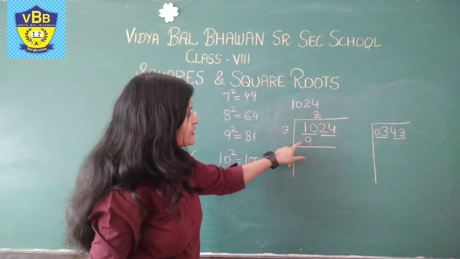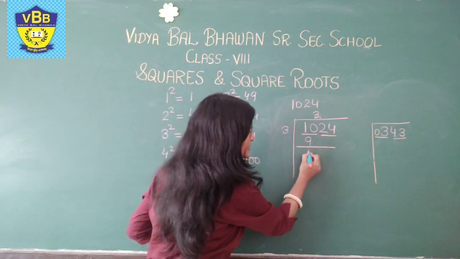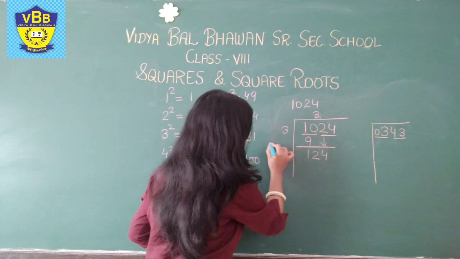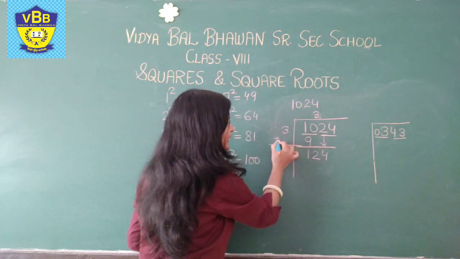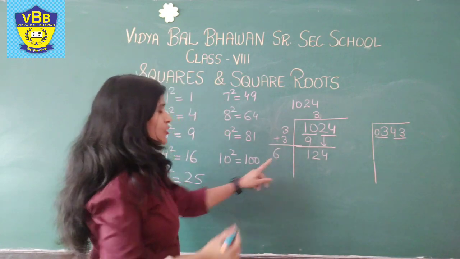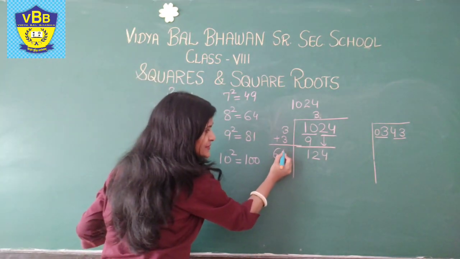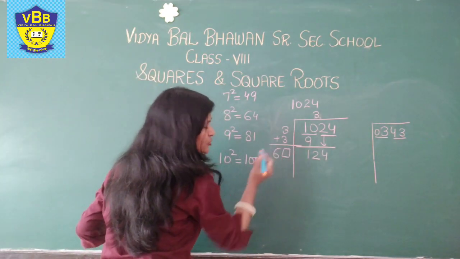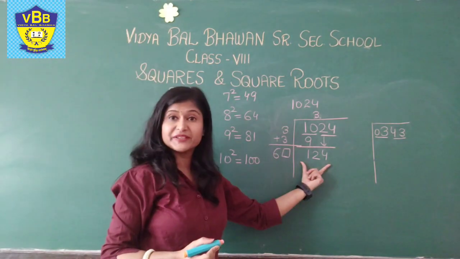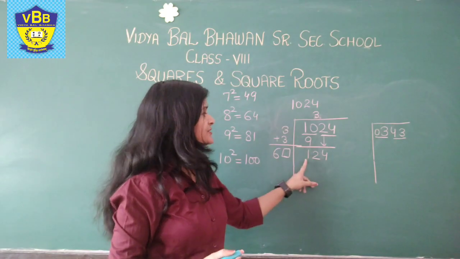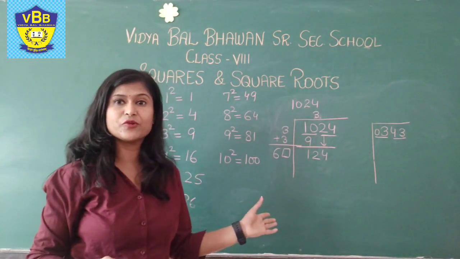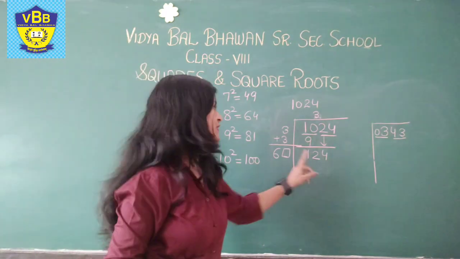Do the same thing. 10 minus 9 is 1, and the next pair should be copied down. Here we will do addition: 3 plus 3 makes 6. Now this is your tens place. In the ones place, what should we put so that it is completely divisible, or equal to 124, or lesser than 124 but not greater than 124.